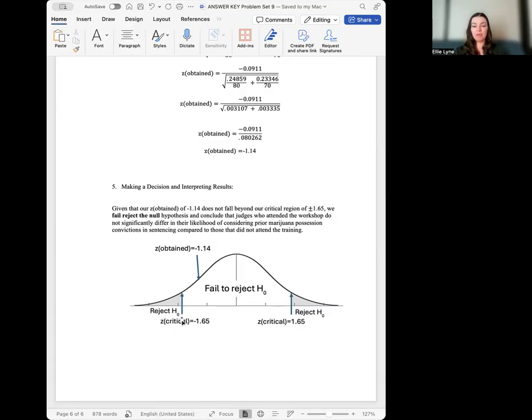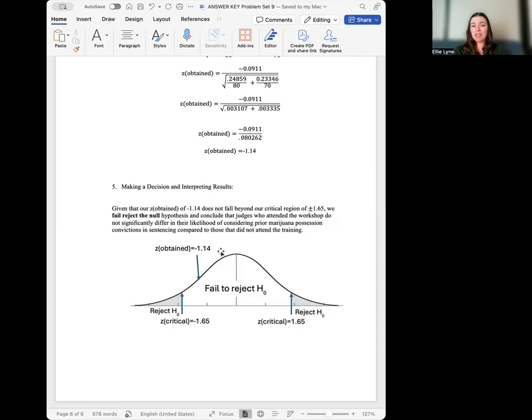And so, knowing that our z obtained from step 4 is negative 1.14, where does that leave us with respect to our normal distribution here? Well, we fell right here in our safety zone, right? We didn't fall into either of our shaded regions. We're right here in the middle in our white failed to reject zone.